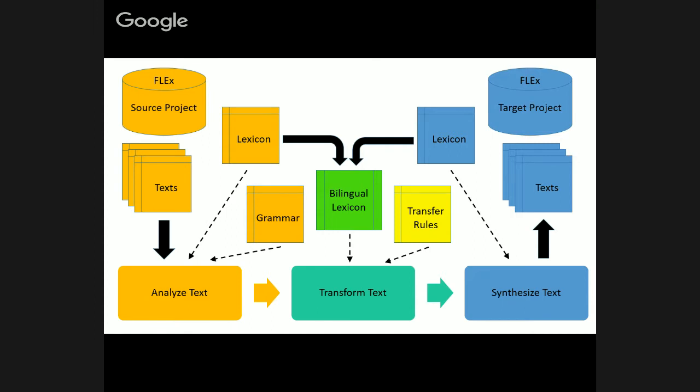You analyze the input text, then you transform it into morphemes in the target language, and you do that using tools like the Bilingual Lexicon and a set of transfer rules that show you how the language gets rearranged. And then as a last step, you put the pieces back together and synthesize it into a text that's in the target language.